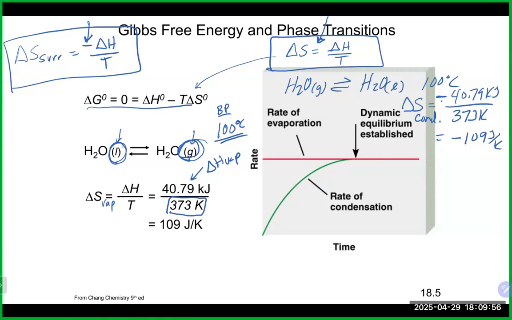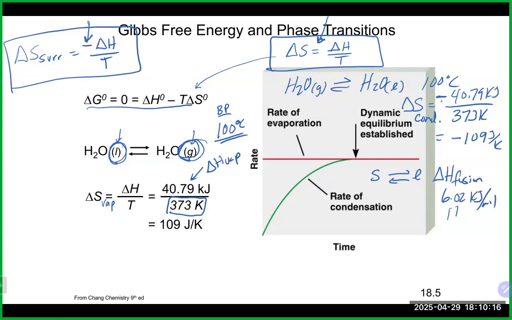So we could do this for vaporization and condensation. We could also do this at the transition of solid to liquid or liquid back to solid. A reminder, that's the delta H of fusion that is used to do that. For water, the heat of fusion is 6.02 kilojoules per mole.